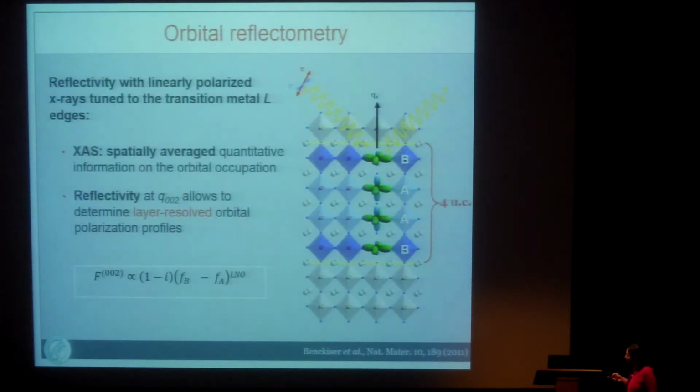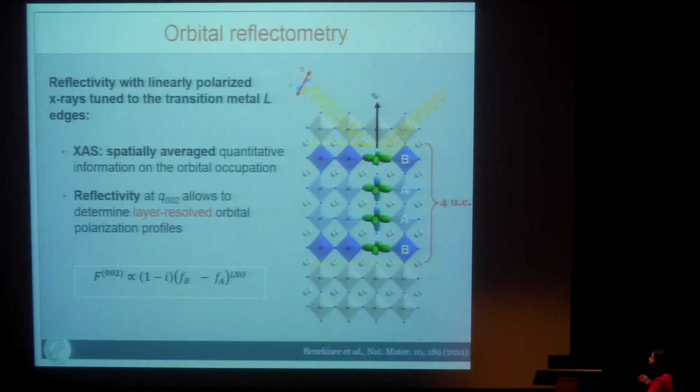In order to get even deeper insight into the effects of confinement and chemistry across the interface, and also to some approximation to disentangle them, we introduced an analysis method of resonant reflectometry measured with linear polarized light, which is called orbital reflectometry.